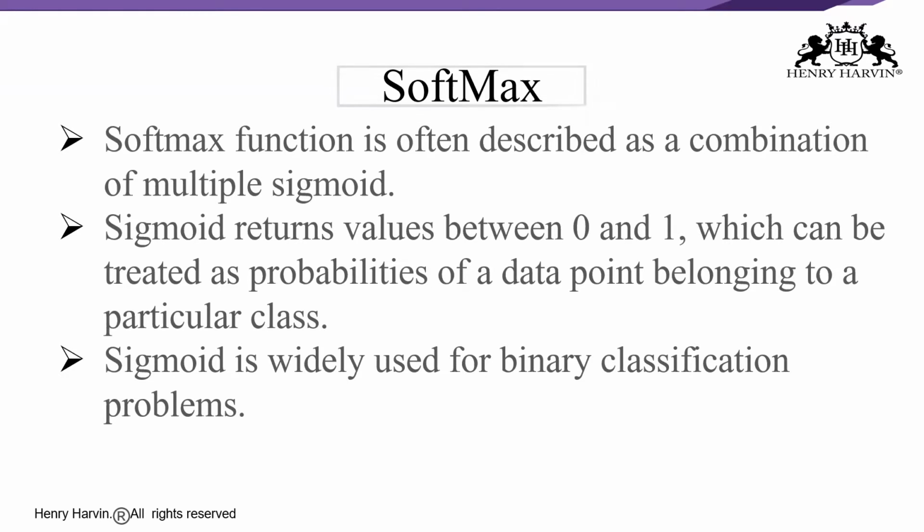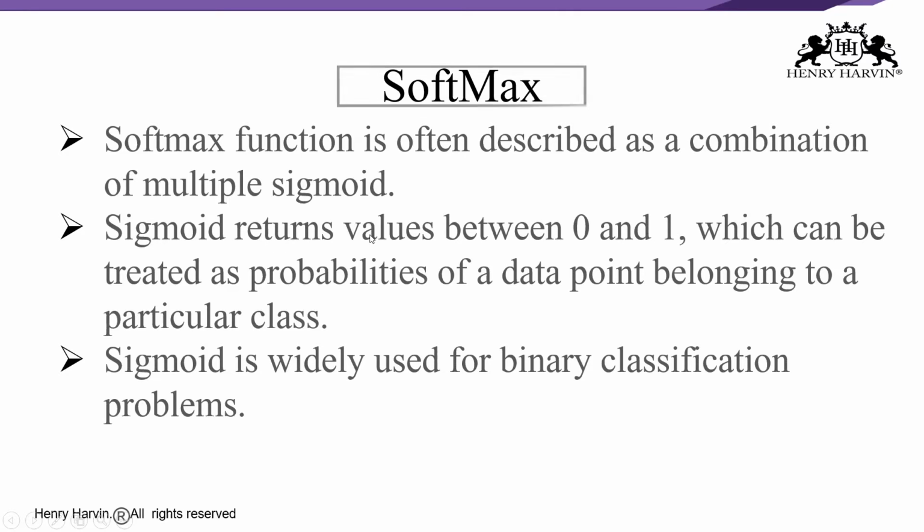Let us try to understand how this activation function works and how it solves multi-class classification problems. The softmax activation function is described as a combination of multiple sigmoids.